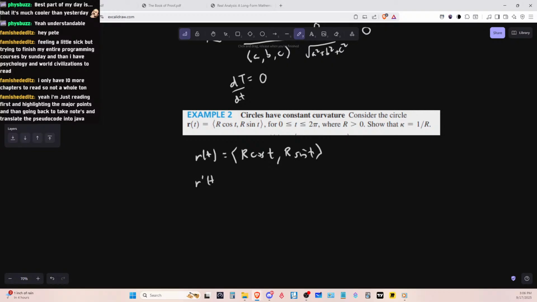So if you take the derivative of it by t, then you're left with negative sine of t and cosine of t.